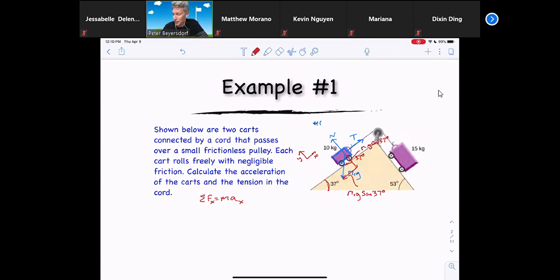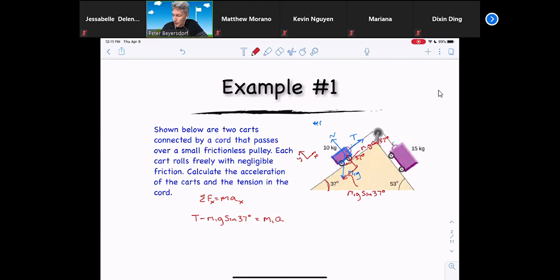I've defined up the plane as being positive. So tension is a positive force, and the component of the weight that's pulling the block down is negative. Those are the only forces I have in x. There's no friction in this problem, and if I'm just looking at cart 1, those are the two forces. So let me set them equal to mass times acceleration, and I'm going to make sure to use the mass of cart 1, because I've only looked at the forces on cart 1.